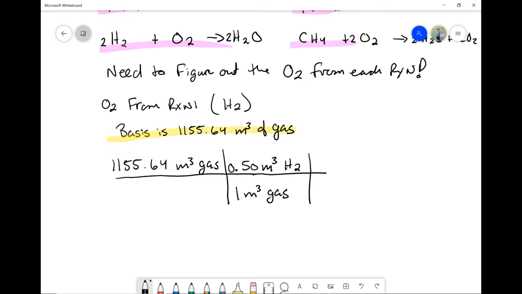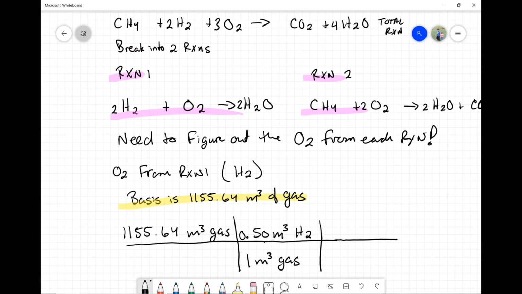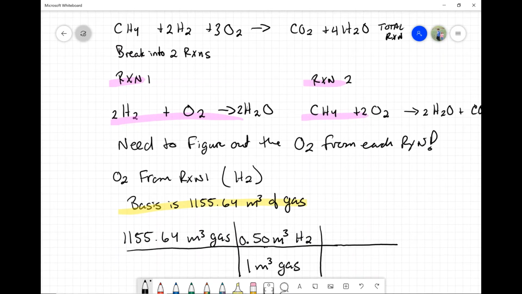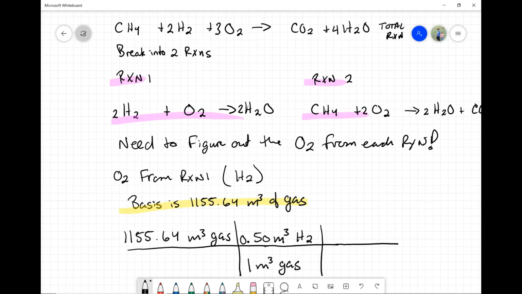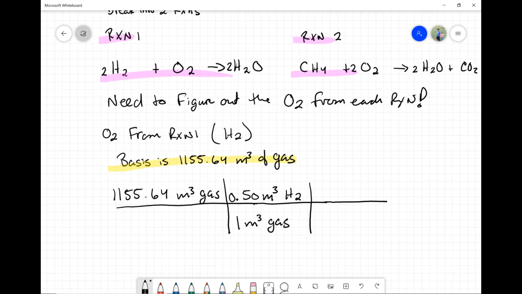And based on our relationship here, we could either go to moles or we could keep it in terms of volume. And we can actually keep it in terms of volume here because the ratio ends up being the same.